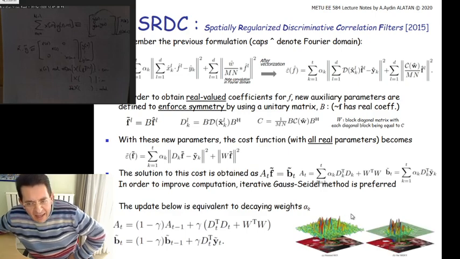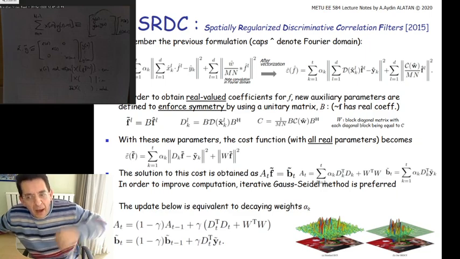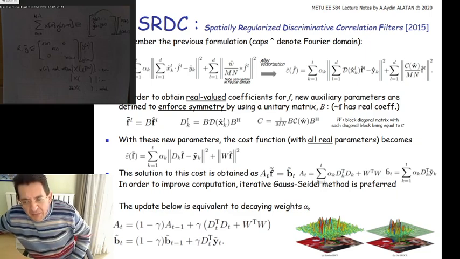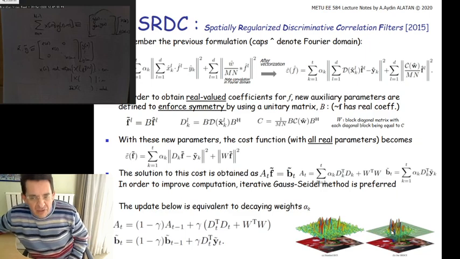Now, in the standard DCF, if you give such a target area, the resulting filter will be something like this. With this kind of formulation, by enforcing the peripheries to be zero, you obtain such a smooth, beautiful, spatially regularized result.